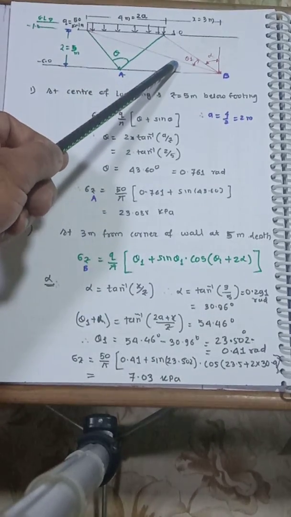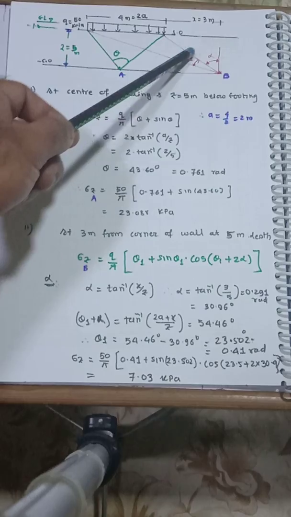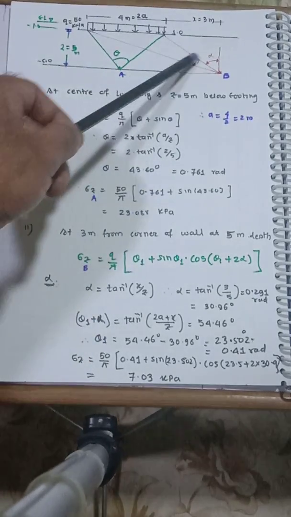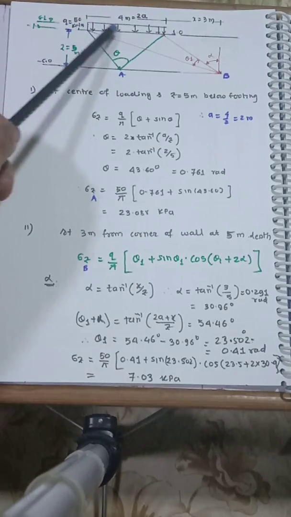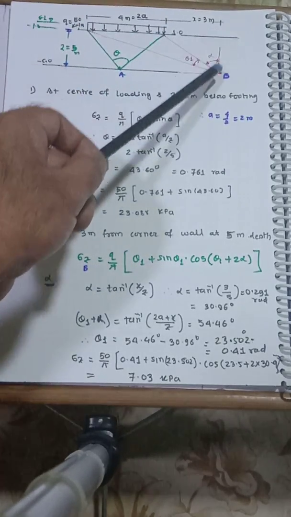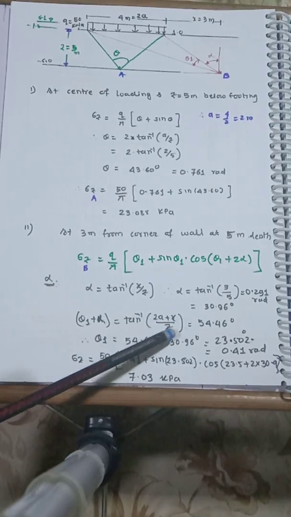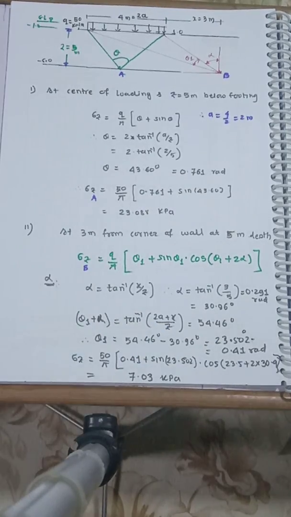Then theta 1 directly cannot be obtained, so therefore we take combined theta 1 plus alpha. So total distance will be 4 plus 3, 7 by z. So tan inverse of 2a plus x by z, that is 54.46.